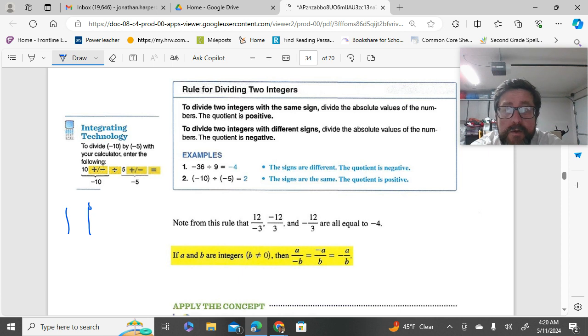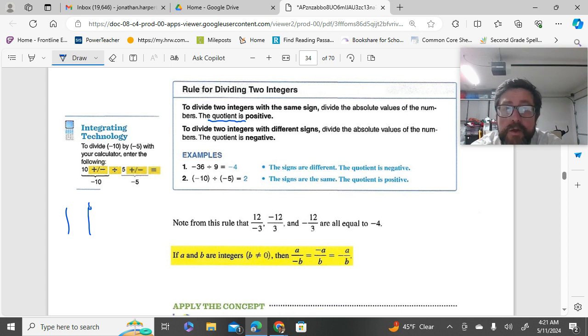The quotient, which is the answer to a division problem, is positive. So a negative divided by a negative will be a positive. To divide two integers with different signs, divide the absolute value of the numbers.